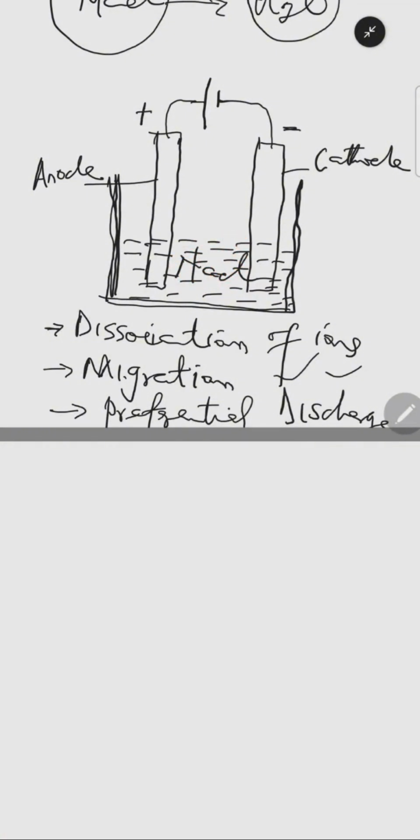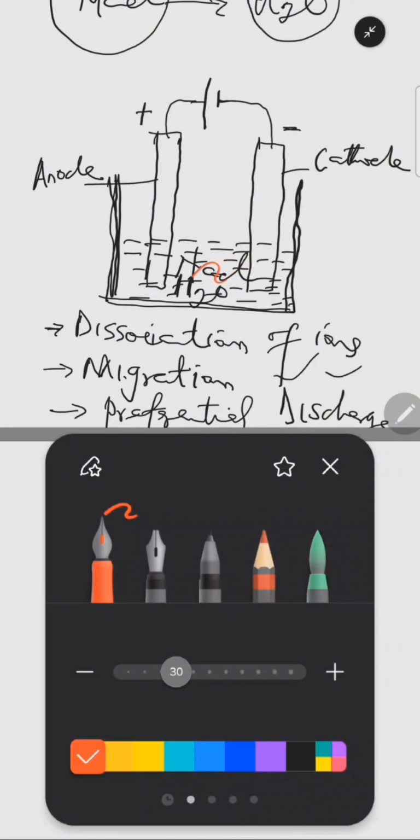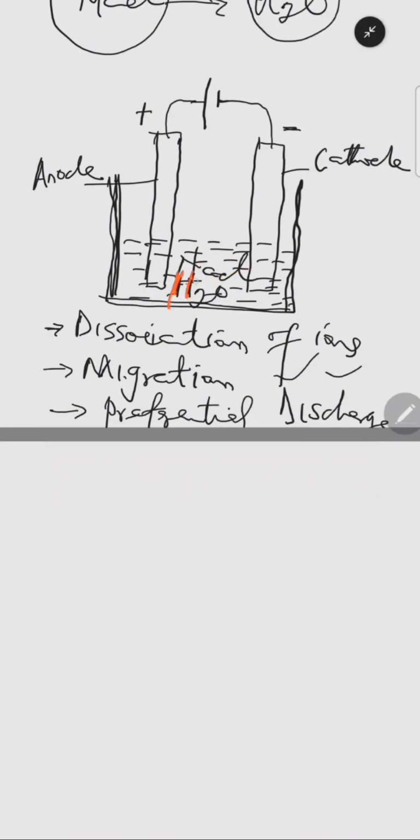Similarly, H2O, water, which dissolves the sodium chloride, will also be dissociated. It means we have two substances now. We have H2O, which will break down, and we have sodium chloride as well, which will also break down. Now, how will the breakdown look like?